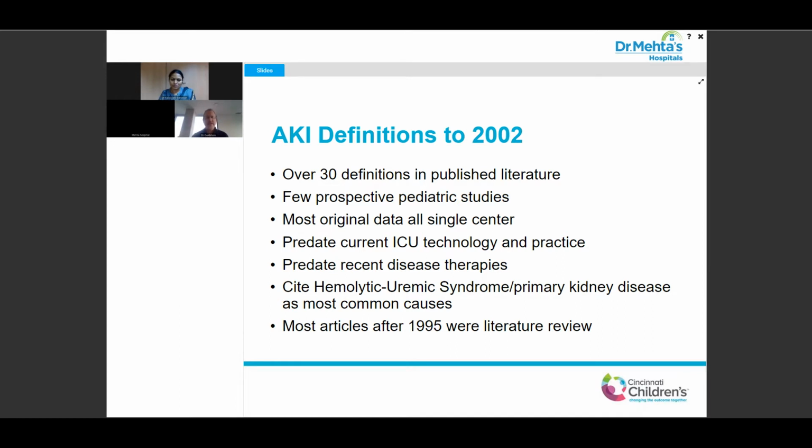If you look at the textbooks at that time, both in general pediatrics and in pediatric nephrology, hemolytic uremic syndrome and primary kidney disease were often cited as the most common causes. But most of the literature after 1995 was a review of literature before 1995, so it really was not updated.